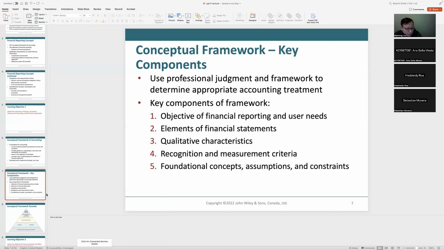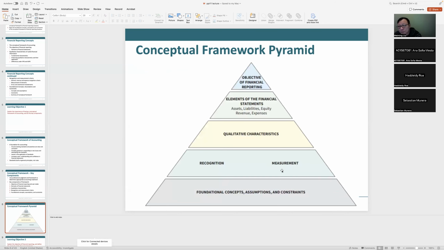Okay. So to look at this picture, this is called the conceptual framework pyramid. The pyramid has 5 levels, building this framework up. First, what's your assumption? The business is still going. The constraint is the cost benefit.